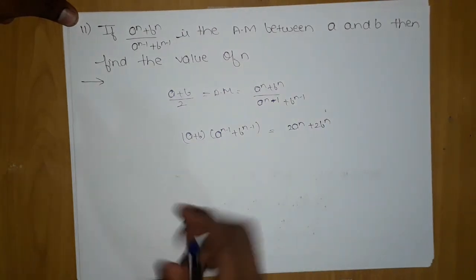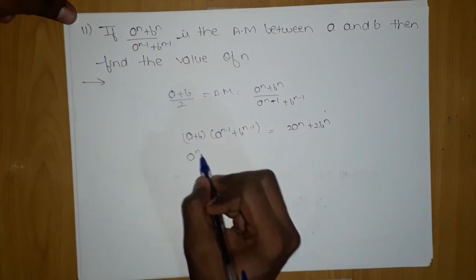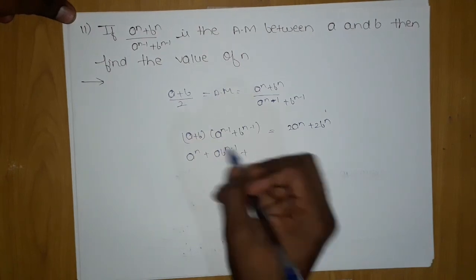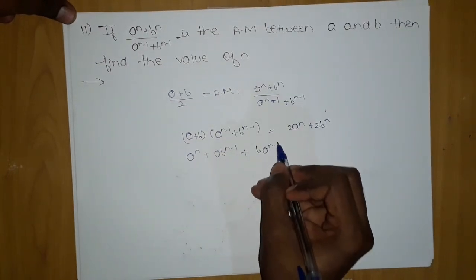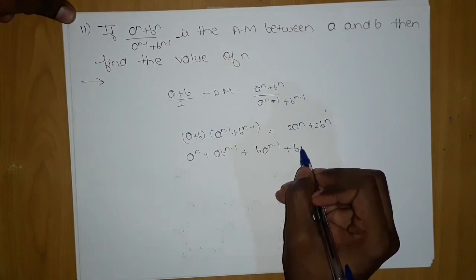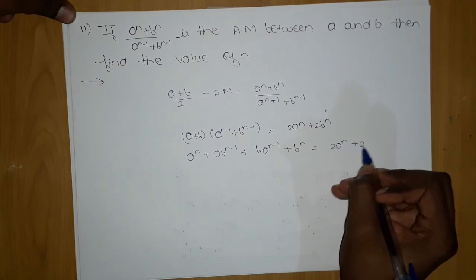When I multiply a with this, what do I get? a^n. When I multiply this, I get a b^(n-1). When I multiply b, I get b a^(n-1). When I multiply this, I get b^n. Should be 2a^n plus 2b^n.